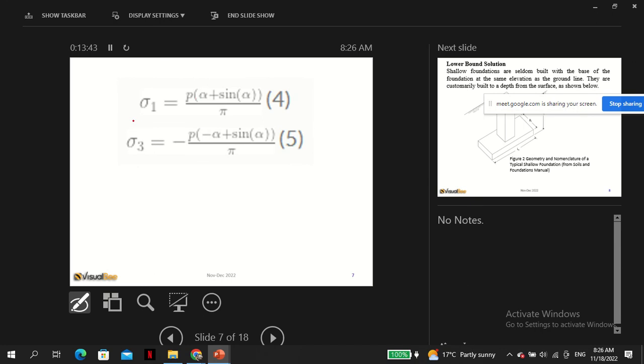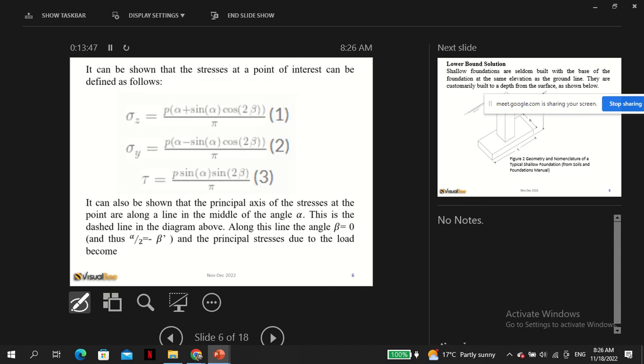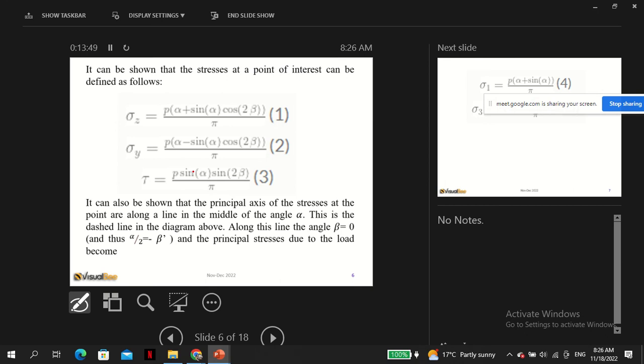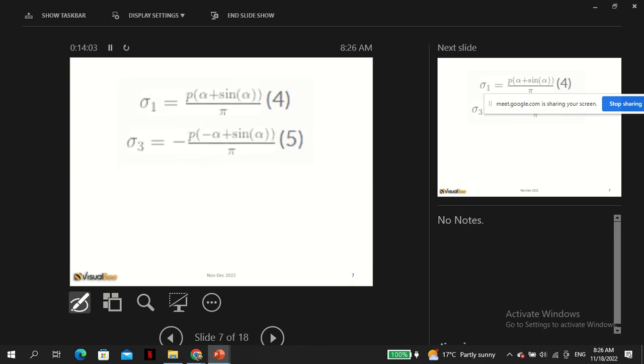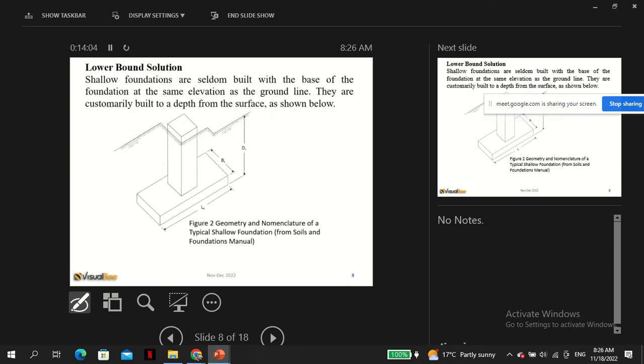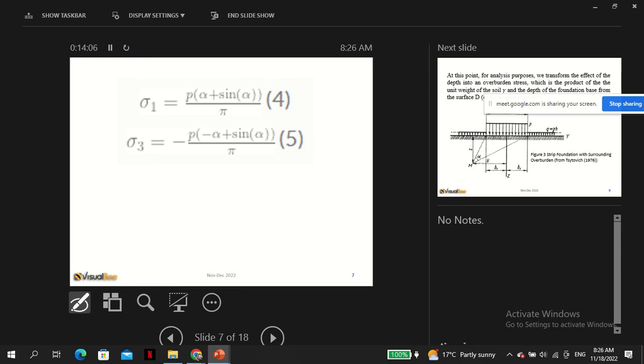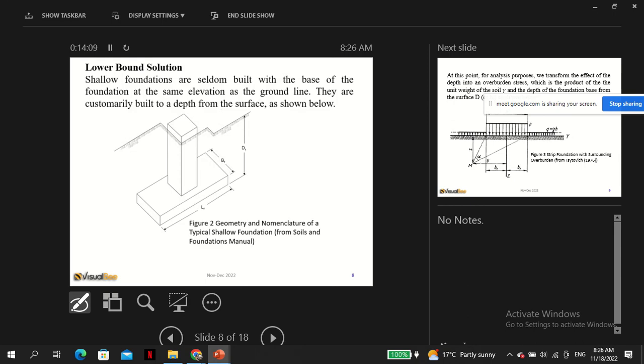This becomes minus, you remember alpha over 2, so there's a minus that appears here. So common sense is still kept.